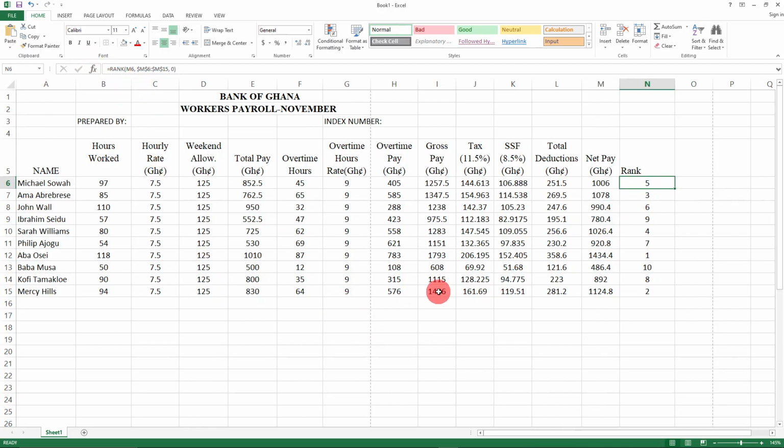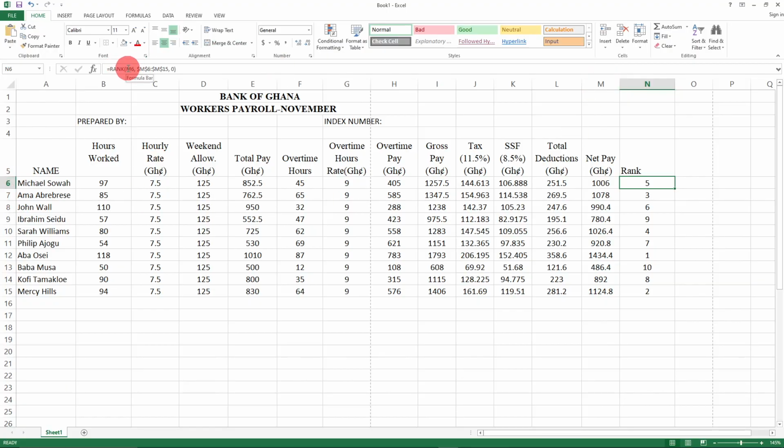Write down the formula, and you can edit it based on how you did your Excel. Let me go over the ranking again. My own started with Michael Sowa, whose net pay starts with M6.